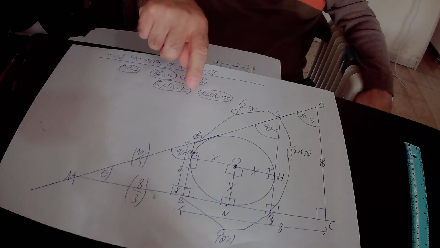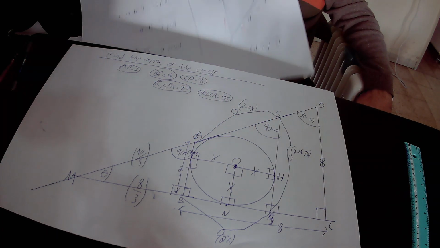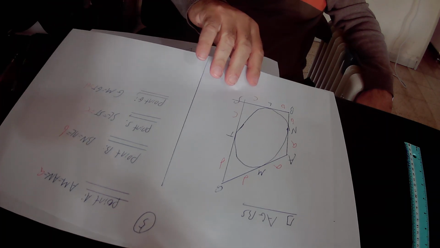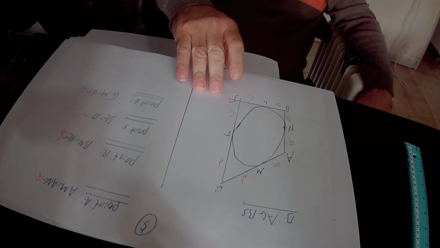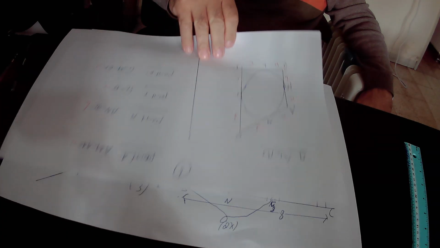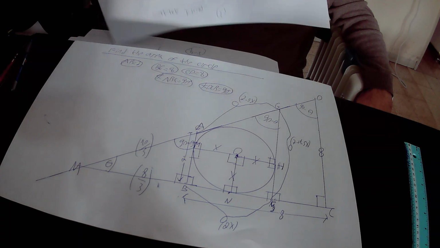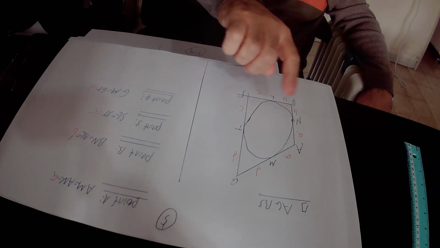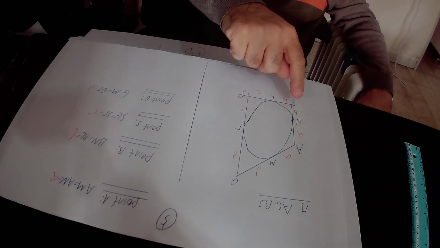Then I copied quadrilateral AGSB in a new page. This is quadrilateral AGBS that I copied from the original drawing. This quadrilateral blocks this circle, so I copied the circle in the next drawing here. The quadrilateral touches the circle at 4 points: 1, 2, 3, 4.